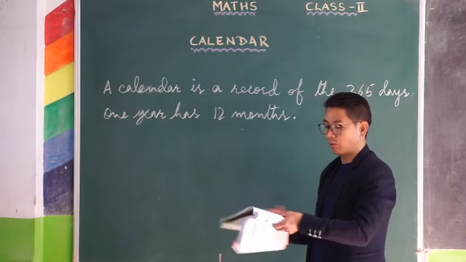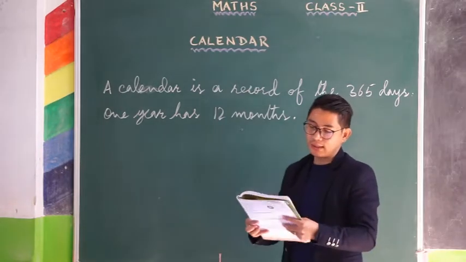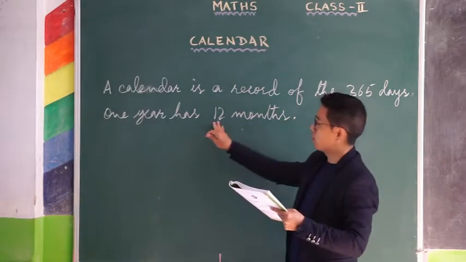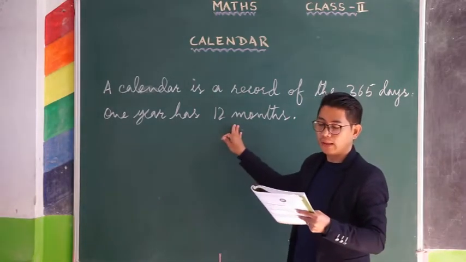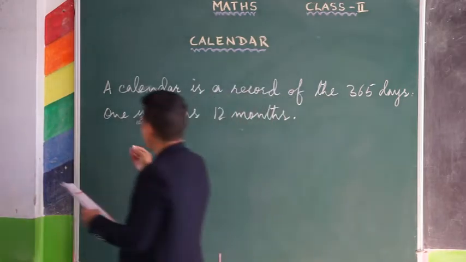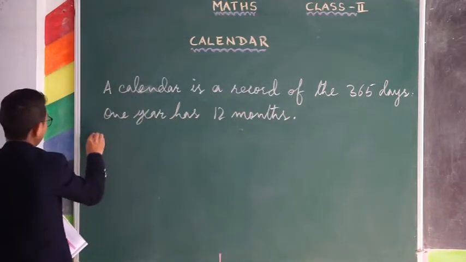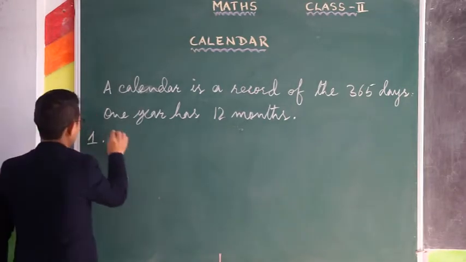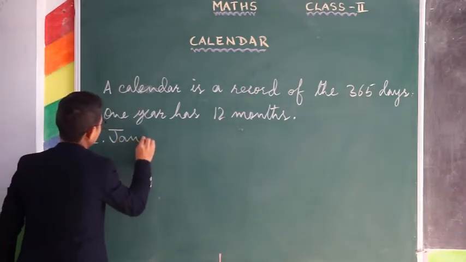Now let's go to page number 160, months and days. There are 12 months in a year. Okay, so I hope you all know the months' names, starting from January.